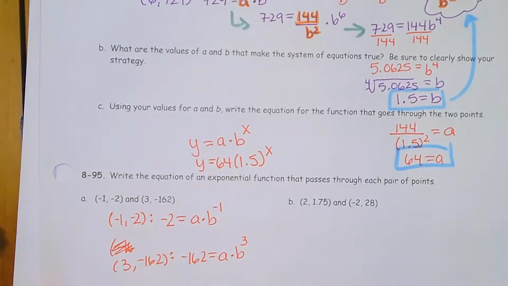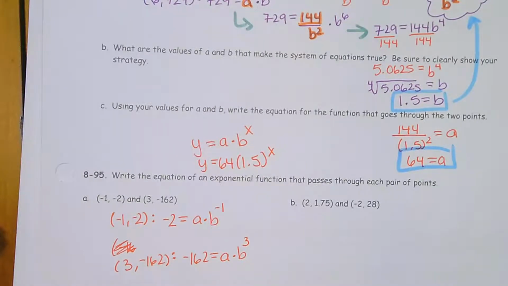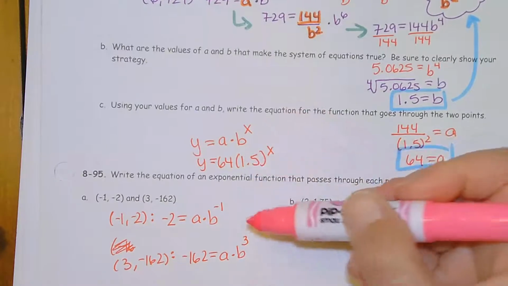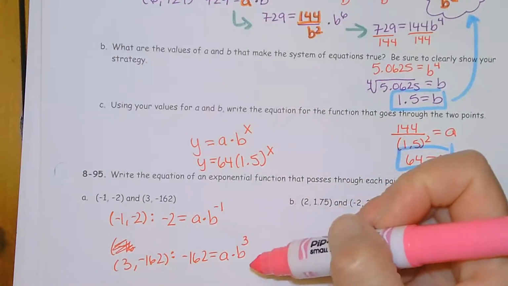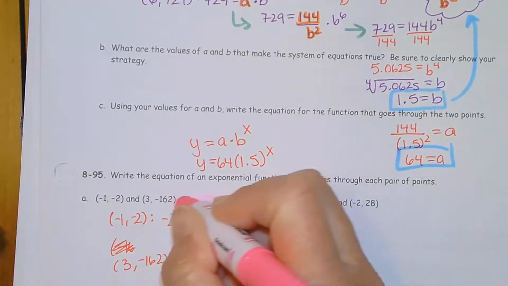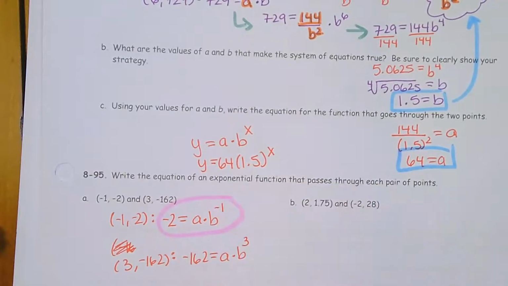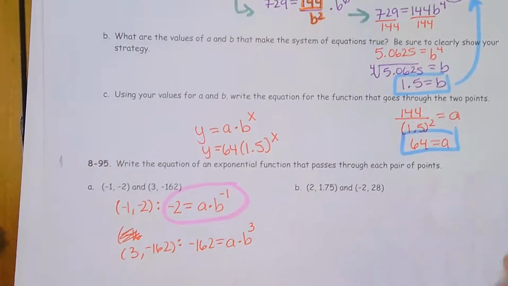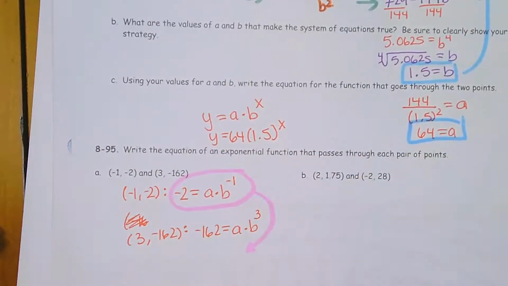Now that we have these two, what you want to do is you want to solve one of them for A. The one with the smallest exponent is easiest. This is the one with the smallest exponent. So I'm going to do that down here.